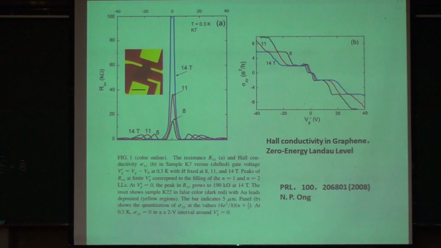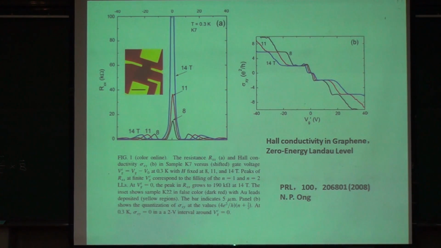A quantum Hall state, in some sense, is a perfect conductor along the edge, because the resistance Rxx goes to 0. But here it's a very large peak. So it is an insulator, but it still has a plateau, and a plateau normally tells you a gap is opening up.